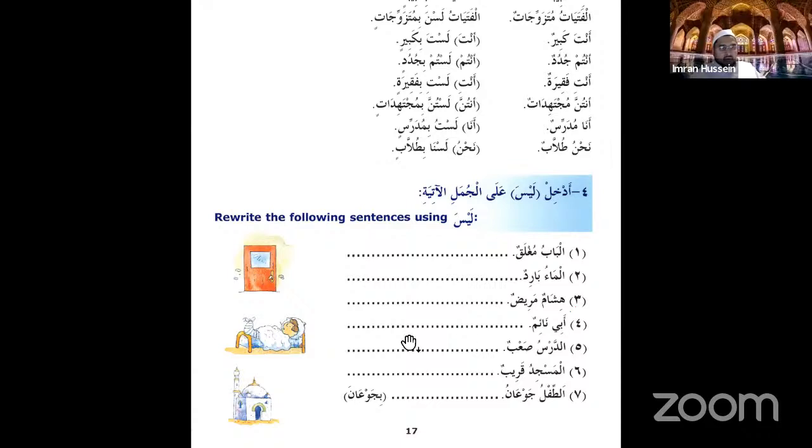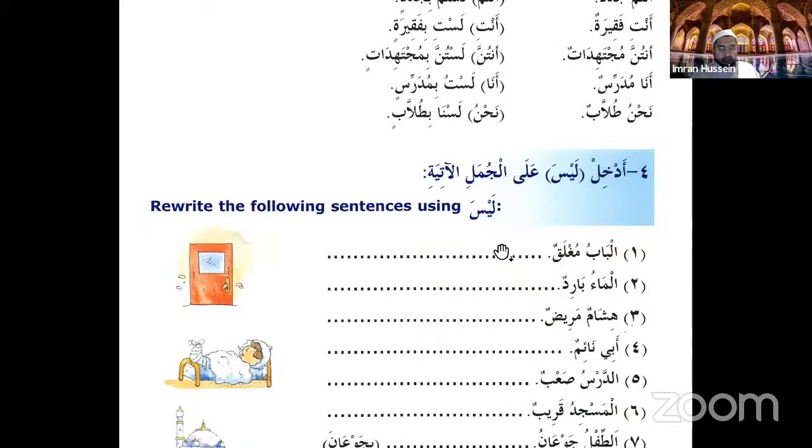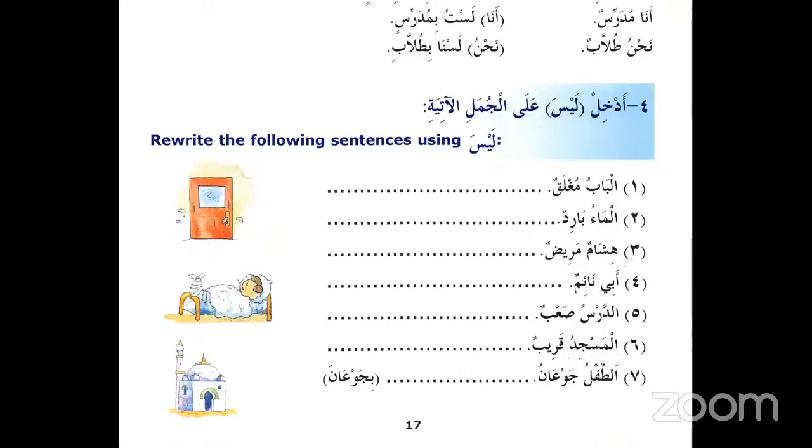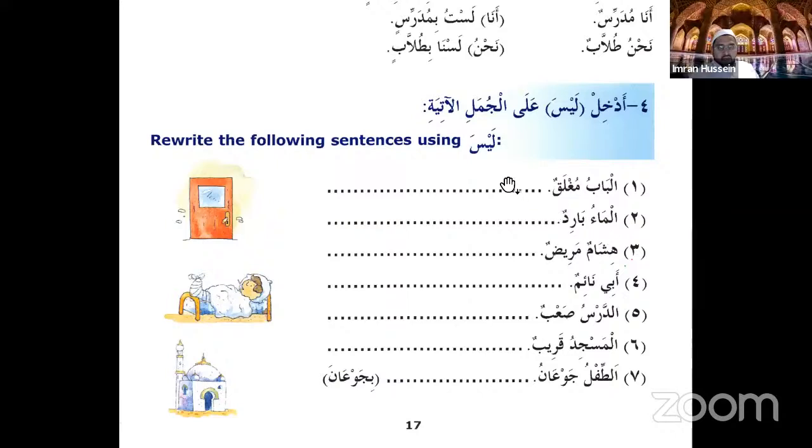Excellent. Now I'm going to ask Dr. Rahim, are you there? Assalamu alaikum, doctor. Now, in these sentences, where it says al-babu mughlaqun, the door is closed, I want you to put laysa at the beginning of the sentence and make the ism marfu and the khabar of laysa mansub, without adding bi before mughlaqin.